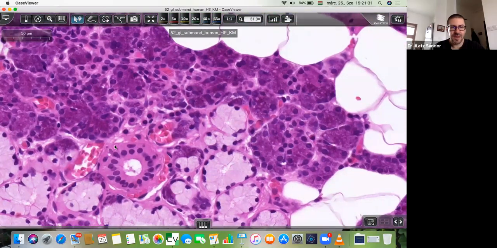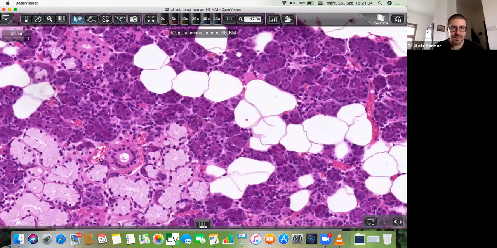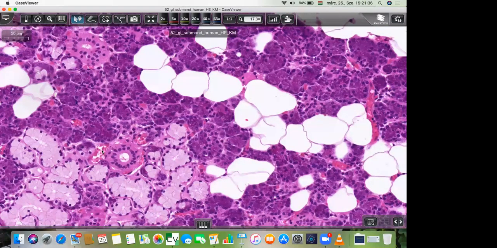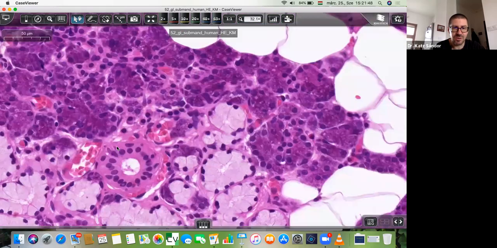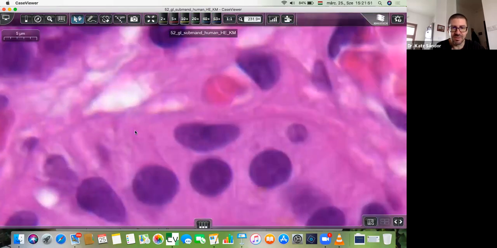And the other type of the ducts, yes? Could you please point at the striations again in the pockets? I just wasn't able to see it. We can see, definitely we can see the mitochondria. When we zoom in on the cells, we have something there, maybe some fine lines.